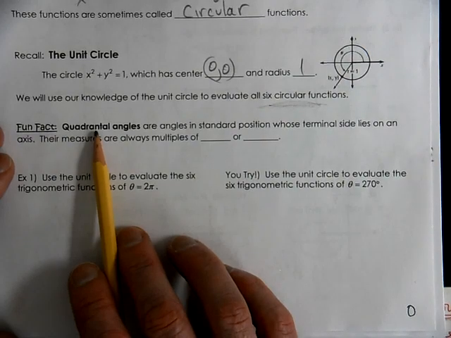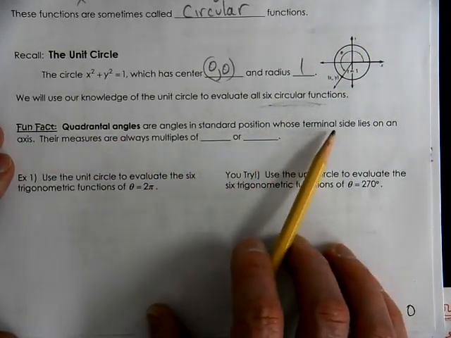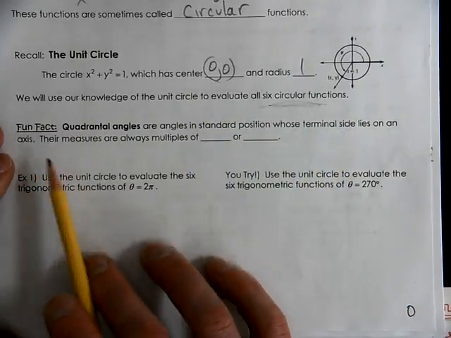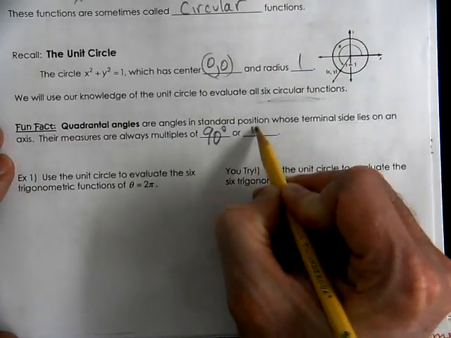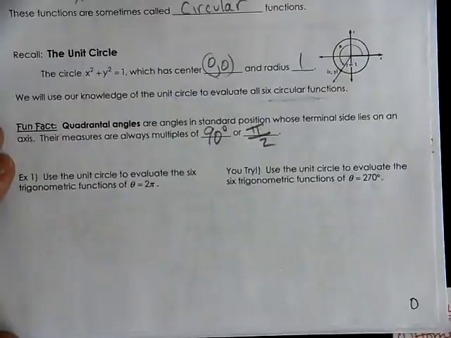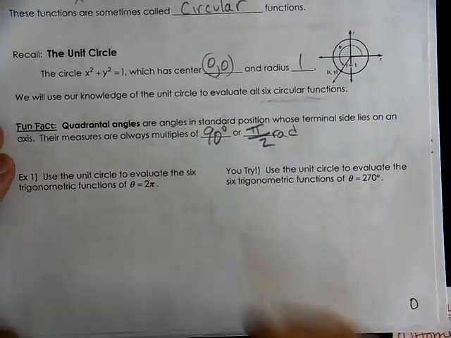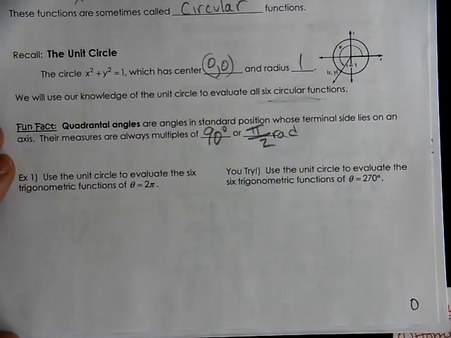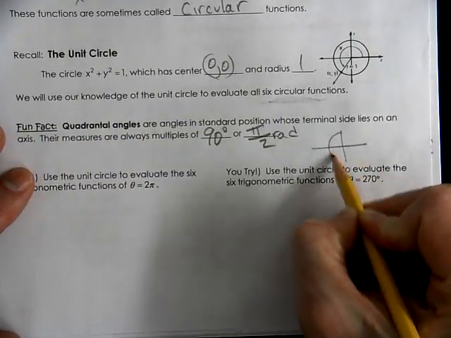Remember what we've talked about in the past, that quadrantal angles are angles in standard position whose terminal side lands on an axis. That's going to be 90 degrees or pi over 2 radians. So any multiple of 90. So a quadrantal angle is ones that land on the axes.